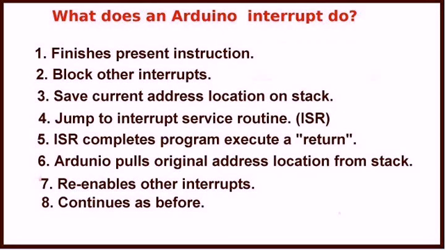It re-enables the other interrupts, and then it continues as before. So it's a sequence of basically finish up, block the other interrupts, save the address, go do something it was programmed to do, whatever it was supposed to do, issues a return, and then the process is reversed.